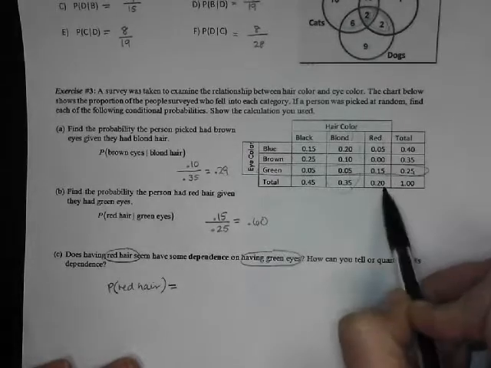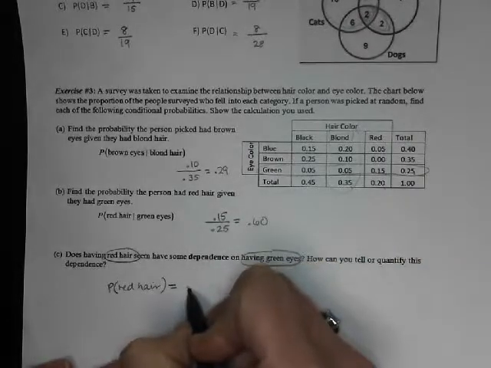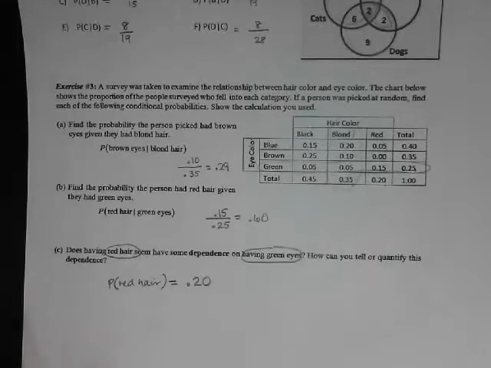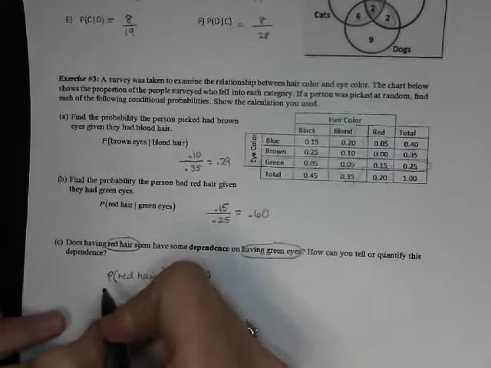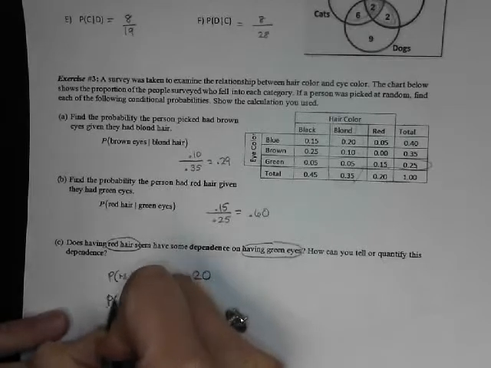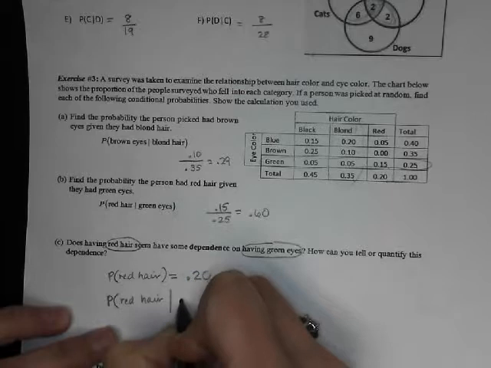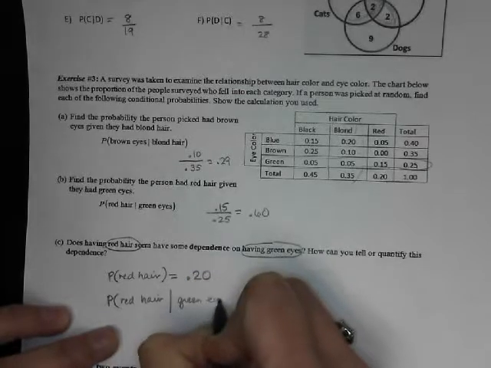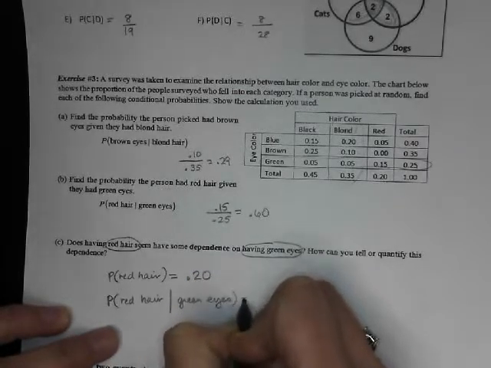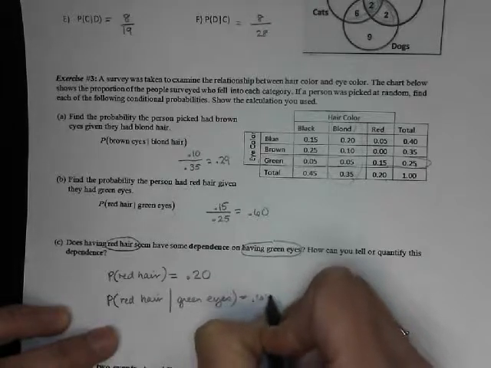Looking up here, it's 0.20. So the chances of you having red hair are 20%. But now look at the probability that you would have red hair given that you have green eyes, which we did in the example above already. It's 0.60.